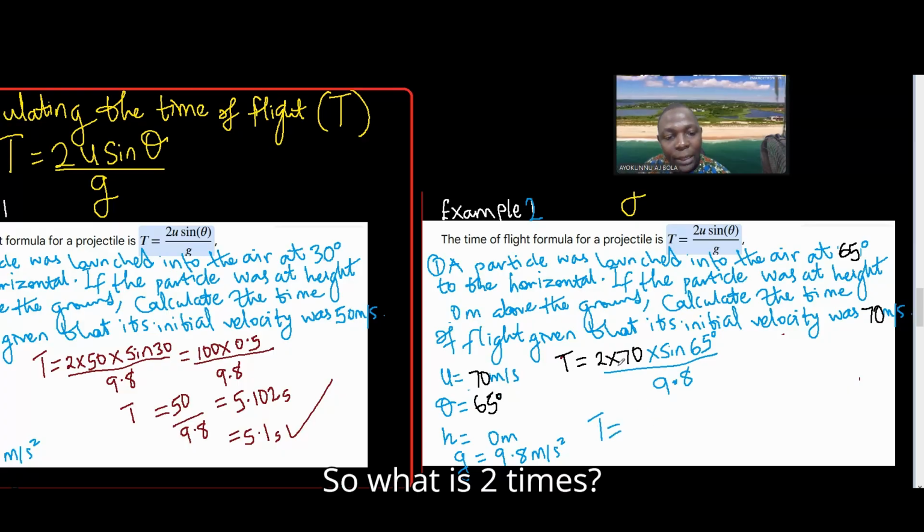So what is 2 times 70? Now what is sine 65?